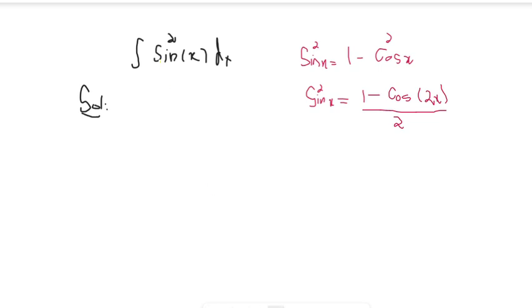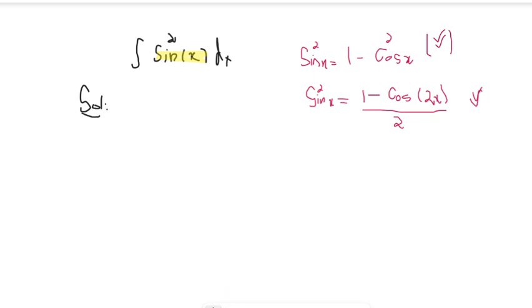Whenever you see in the question that the sine square term is coming alone, as in here, there is no other sine term beside it, we will use formula number 2, and whenever it comes with another sin x, we will use this formula. Don't worry, the more you practice, the more you learn about it.